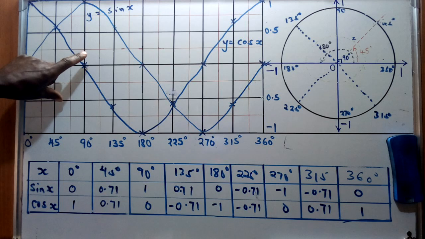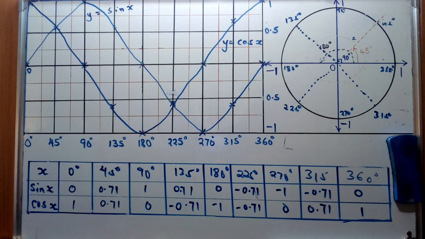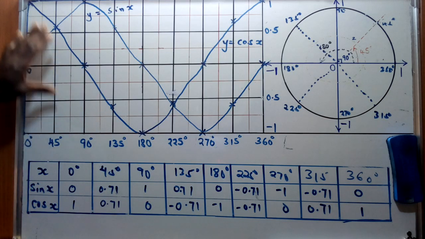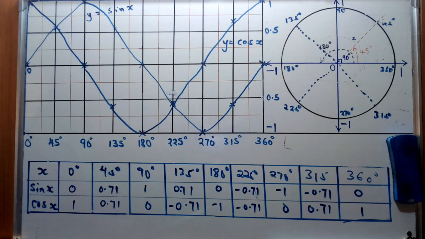In this case, what is essential for us is to understand the behavior of these two different kinds of representations for the sine and the cosine of theta, as I've mentioned. In other representations that we're going to do, perhaps in physical sciences, we're going to see that the sine and the cosine of theta can be represented just by a rough sketch. But whenever we're required to use a graph to find specific values, we're going to be required to do a plot, as we already mentioned in part 1 of this video.